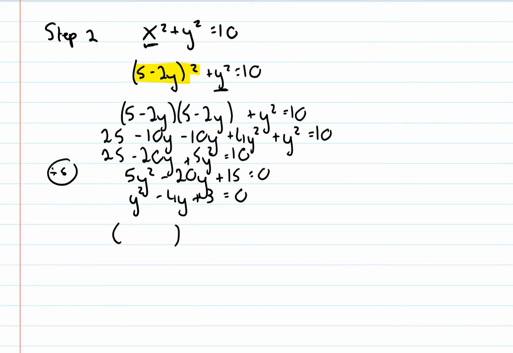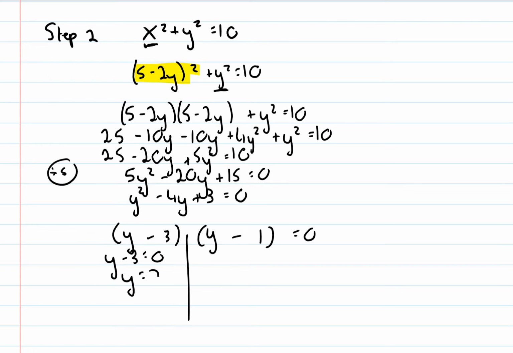Now I solve for y, so I factorize it first and let both brackets equal 0. I need numbers that multiply together to give me 3, and they will add to give me 4, and they're both minuses. So y minus 3 equals 0, so y equals 3, and y minus 1 equals 0, so y equals 1.